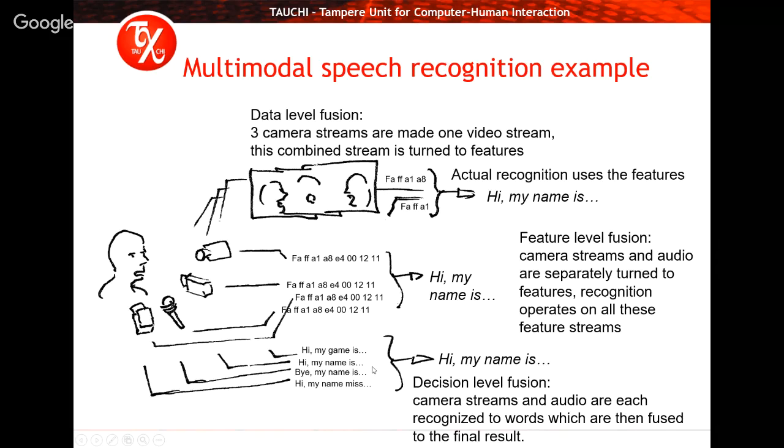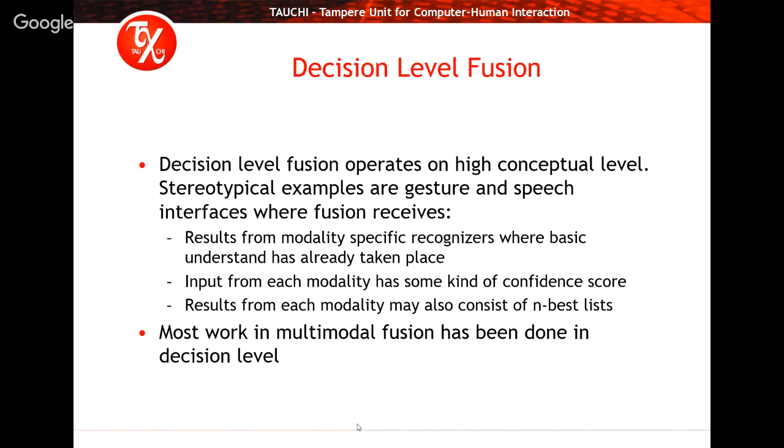So we go into the high abstraction level, and basically already what I taught in the previous example. We work on the output of a speech recognizer and some sort of gesture recognizer and so on. Decision level fusion works on this conceptual level. These modality-specific recognizers have done their work. The speech recognizer has provided us some words, maybe even some natural language understanding has processed those words into some sort of commands.